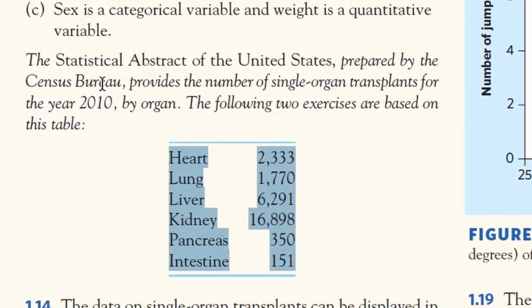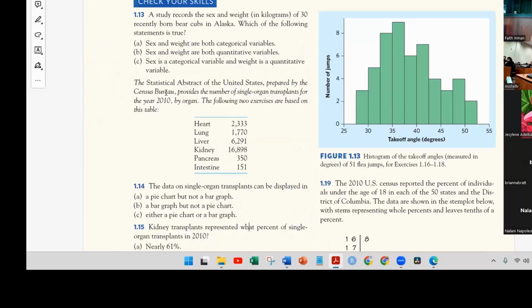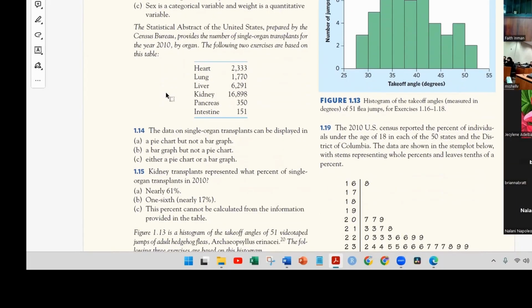And it shows the number of single organ transplants. I think I also made a video on this one. And the question is, the data on single organ transplants can be displayed in a pie chart but not a bar graph, a bar graph but not a pie chart, or C, either a pie chart or a bar graph. What do you think?